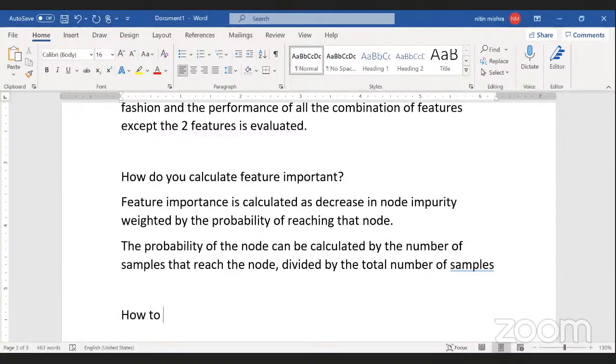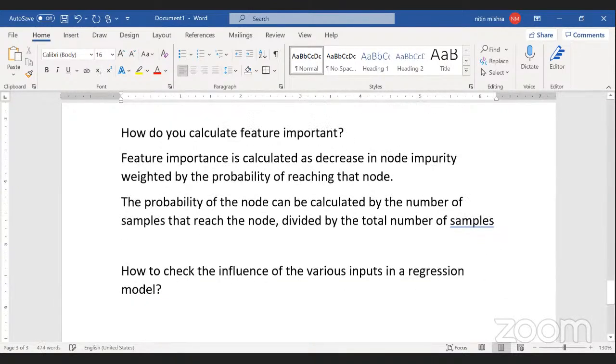How to check the influence of the various inputs in a regression model.